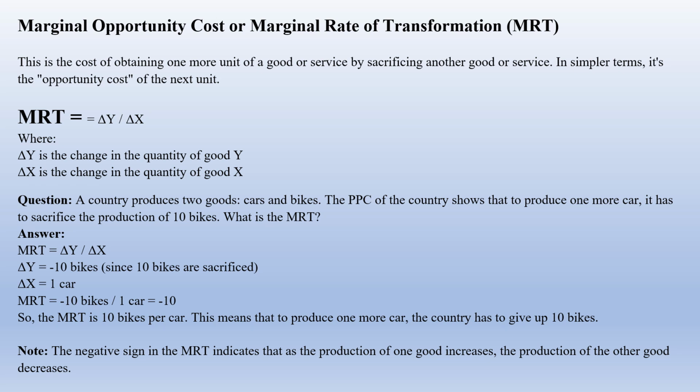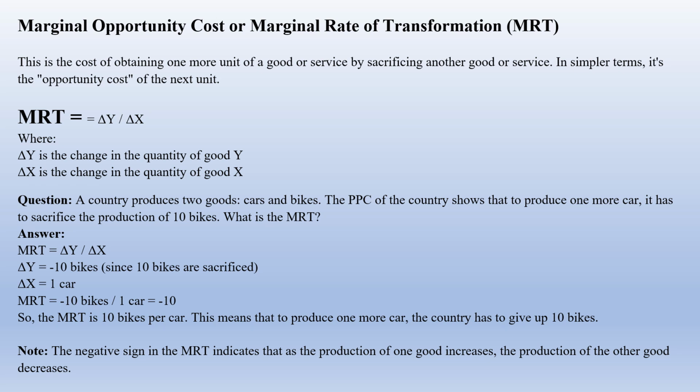That means delta Y, the change in quantity of good Y, is minus 10, and delta X is 1 car. Delta Y upon delta X is minus 10 upon 1, that is minus 10.